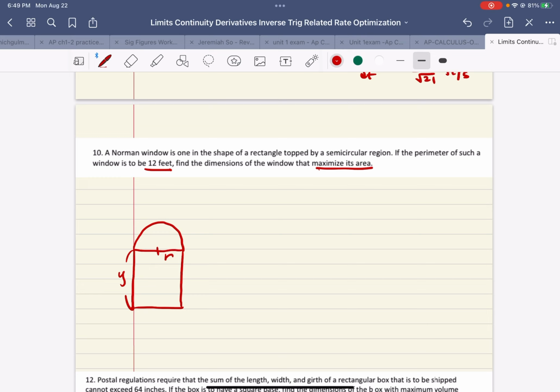So first, this one is 2r and this one is y. So 12 equals 2r plus 2y plus this one right here, 2 pi r is the circumference of a circle, but only half of that. So pi r, instead of 2 pi r.